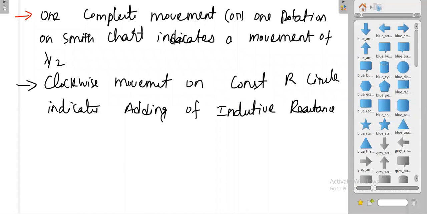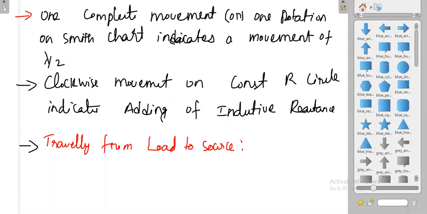Very important. Traveling from load to source means movement in a clockwise direction on the Smith chart.